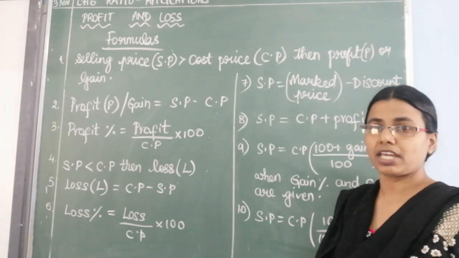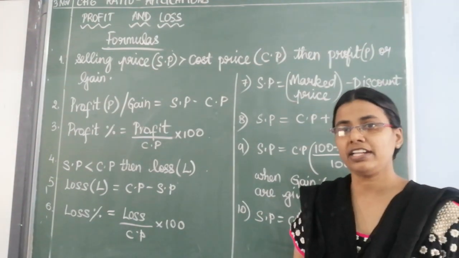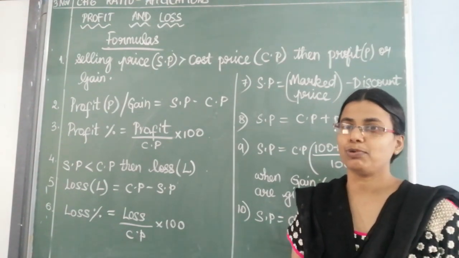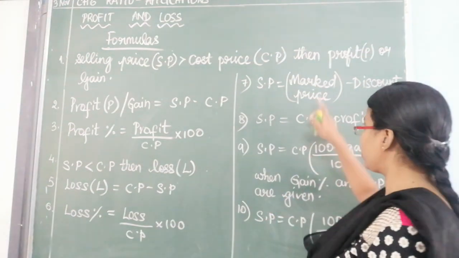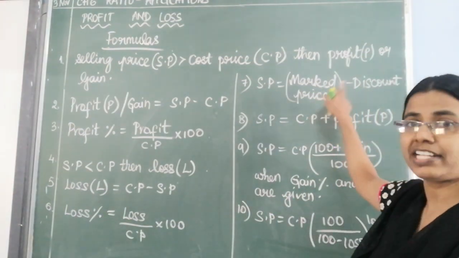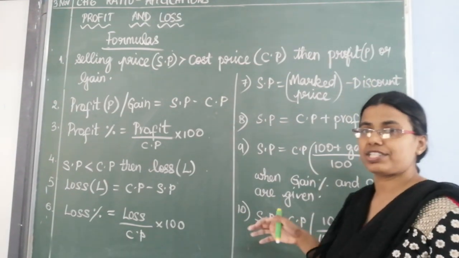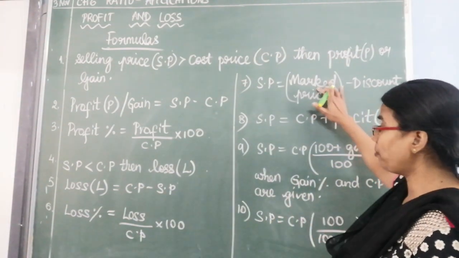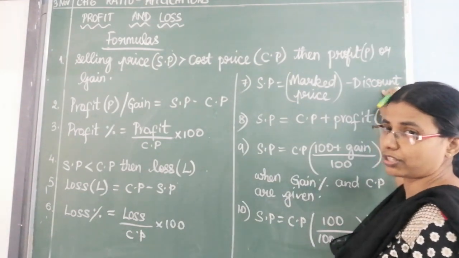Marked price is, if you want to buy a textbook, the cost printed on the first page of the textbook. And discount, when you have festival sales, 20% discount, 10% discount, like that. When the marked price and discount are given, you need to use this formula.